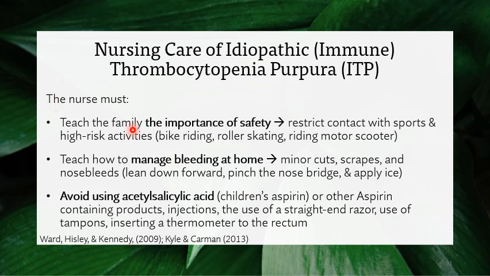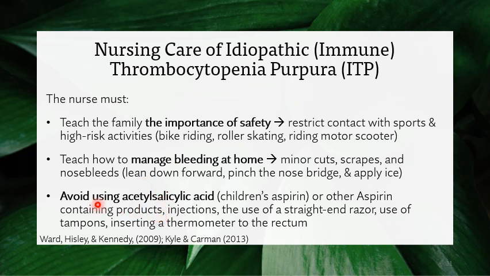Next is to teach the family the importance of safety. We don't want the patient to do contact sports or high risk activities, bike riding, roller skating, riding a motorcycle, no. And teach how to manage bleeding at home. If they have a minor cut, scrapes, or nosebleeds, what to do. We need to lean forward, pinch the nose, breathe, and apply ice to the back of the head.